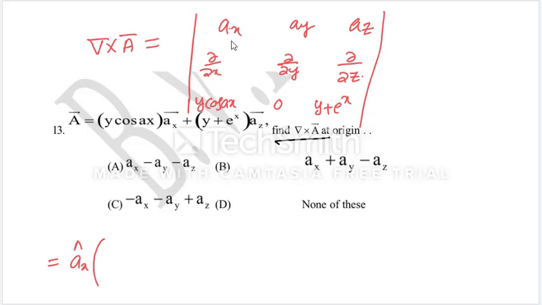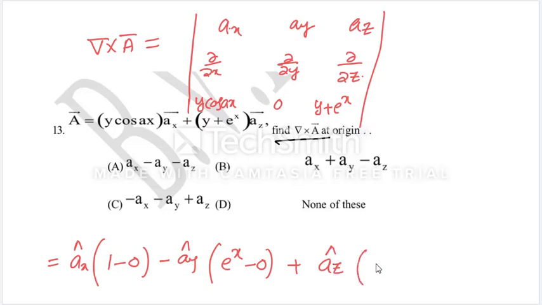Ax cap into closing this round column. This is what I will get, it is 1 minus 0 minus ay into what now here? This is e power x minus 0 plus az into what? 0. This is 0 minus cos dx. So this is curl now here. They ask you to find at this origin.